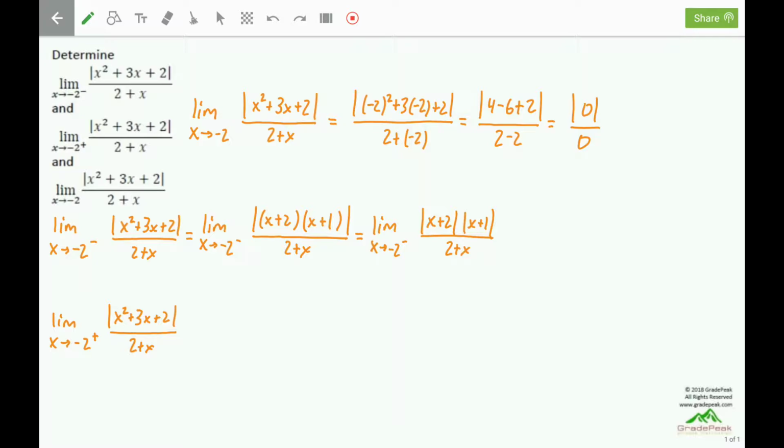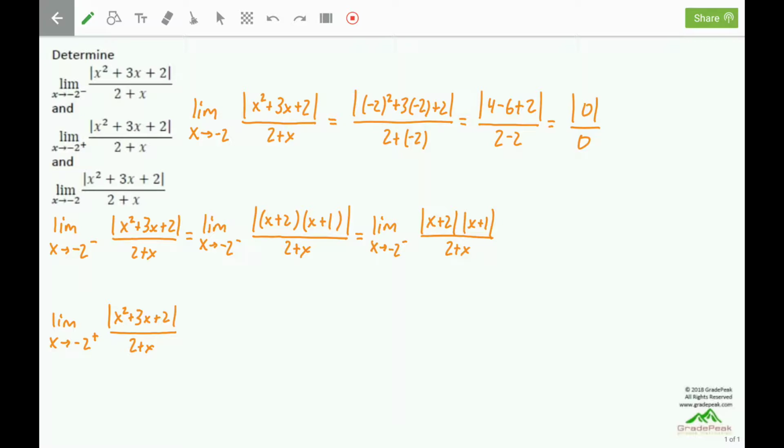Now we can analyze the absolute value that is making a 0, and that is the x plus 2. As x goes to -2, the x plus 2 will be a 0. So we're going to focus on that absolute value and look at the side of the -2 we're coming from. In this case, we're approaching -2 from the left side.